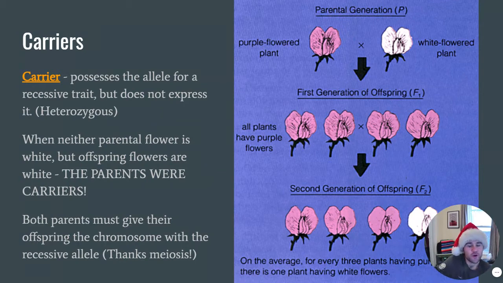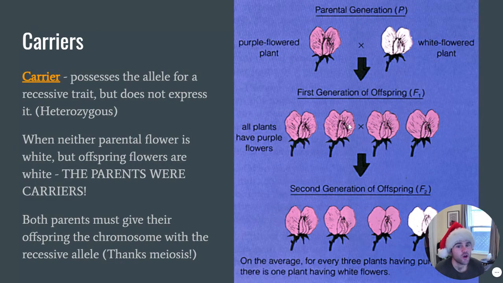Another term I want you to know that you can use for those heterozygotes is a carrier. Carriers possess the allele for the recessive trait, but it does not actually express it. When neither parental flower is white, but offspring flowers are white, that means the parents were carriers.